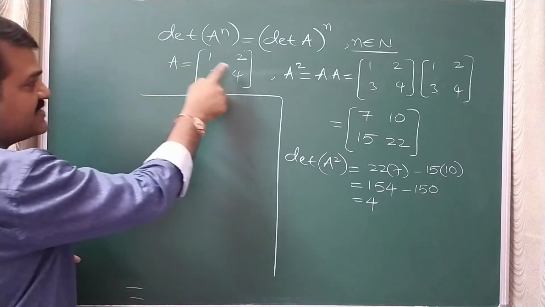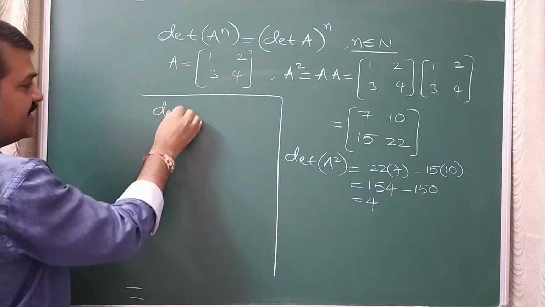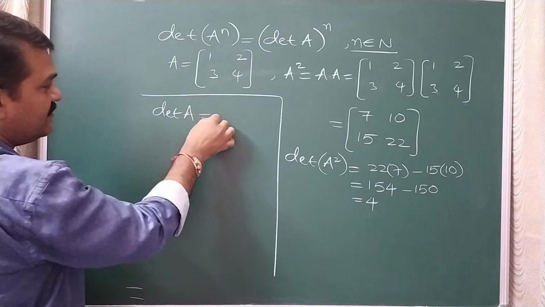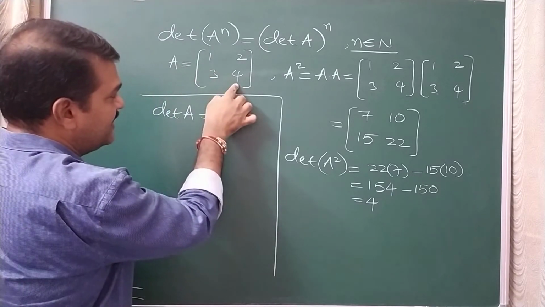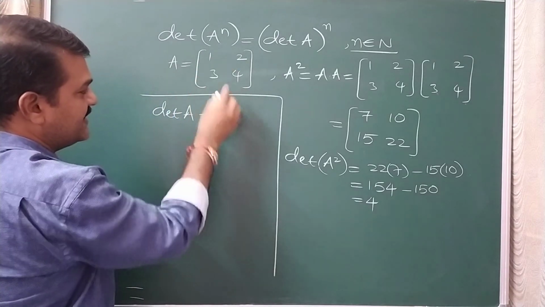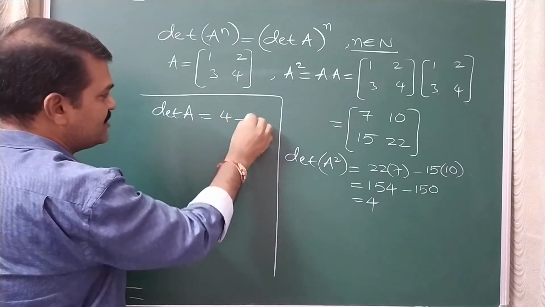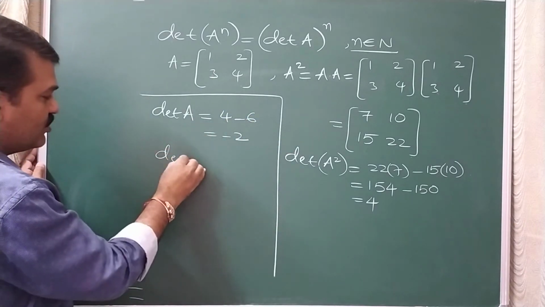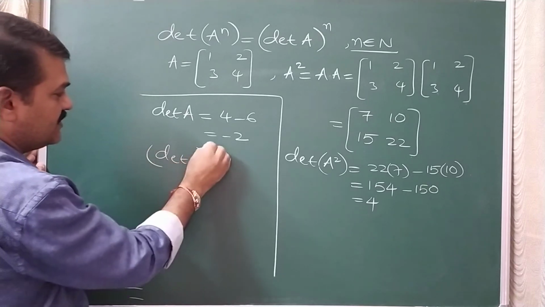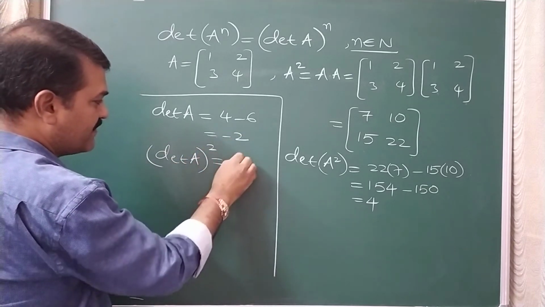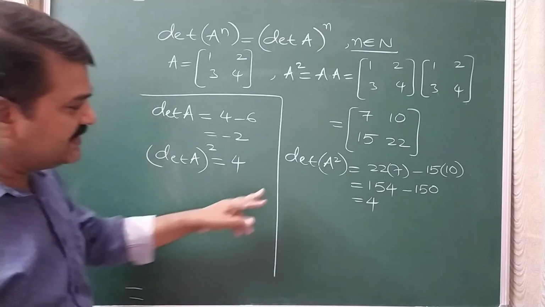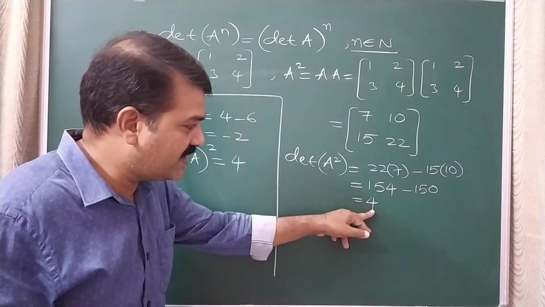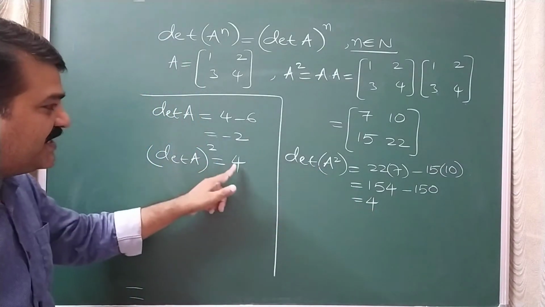We have matrix A here. What is det A? It is 4 minus 6, so det A is minus 2. So what is det A whole square? That is minus 2 whole square, which is 4. So are you getting the same? See, the determinant of A square is the same as det A whole square.